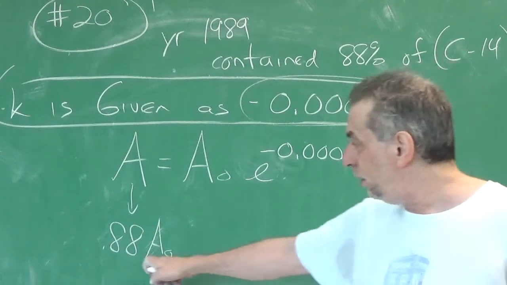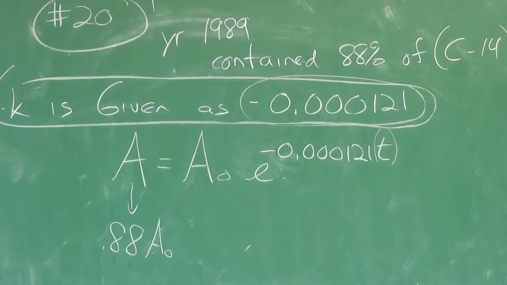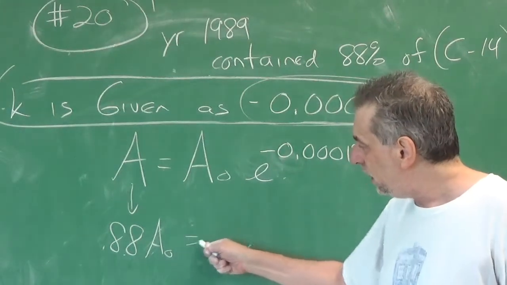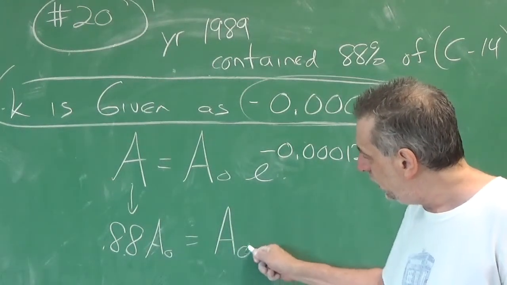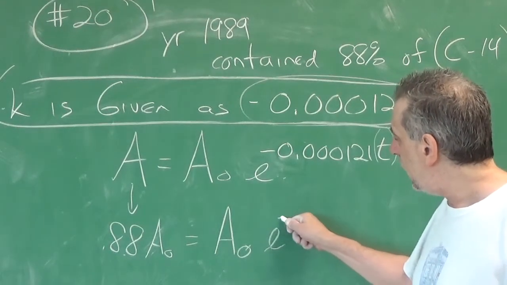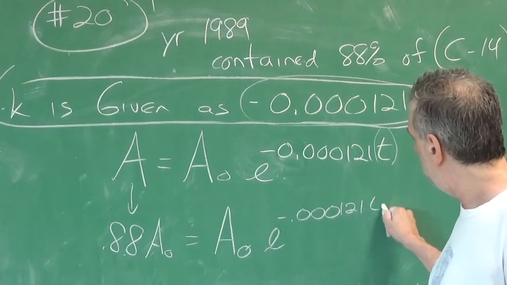In that case, you're going to put 0.12 here. In this case, it says they have 88% left. So they still have 88% of the original amount. They started with 100% of the original amount. We don't know what it was, but it was 100%. And now our only unknown is the t.